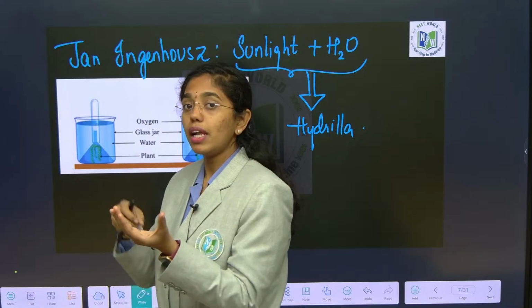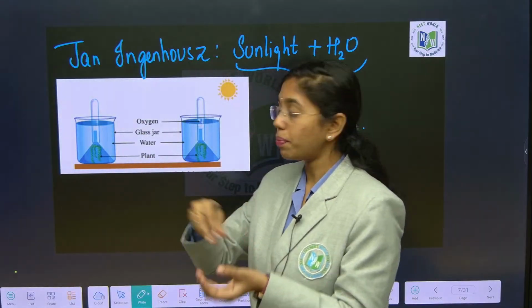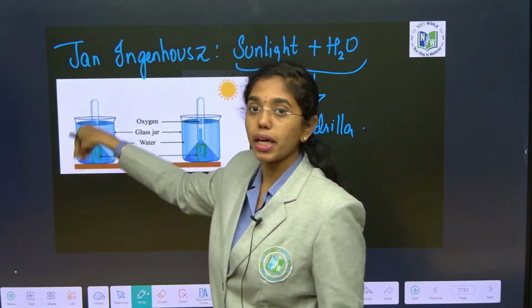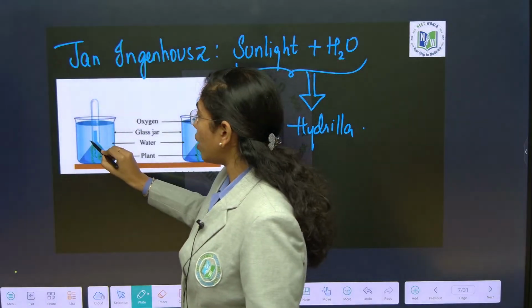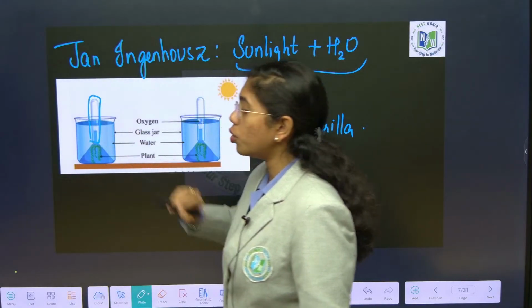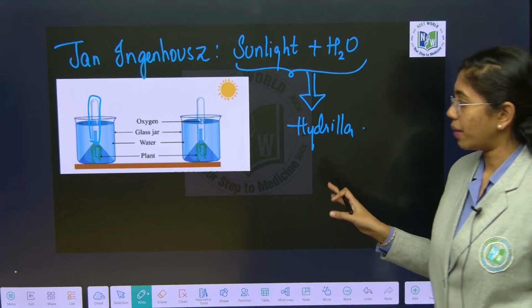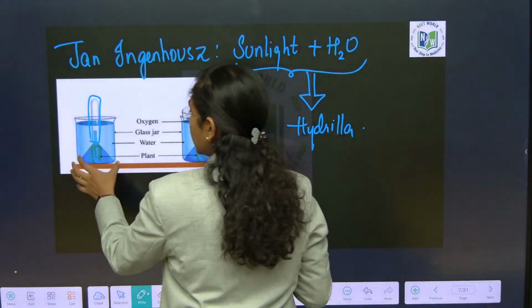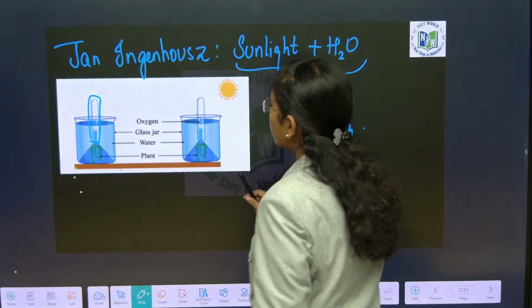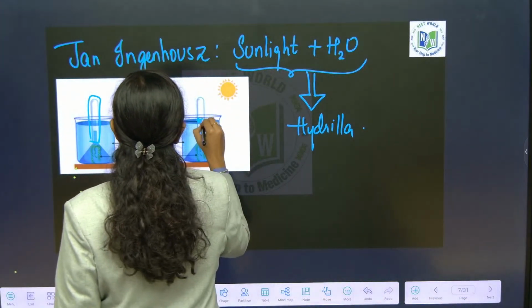The funnel with the hydrilla plant is inverted inside the beaker containing water, and above the funnel a test tube is kept. After a certain period, when the setup is kept under sunlight, bubbles are found inside the test tube.